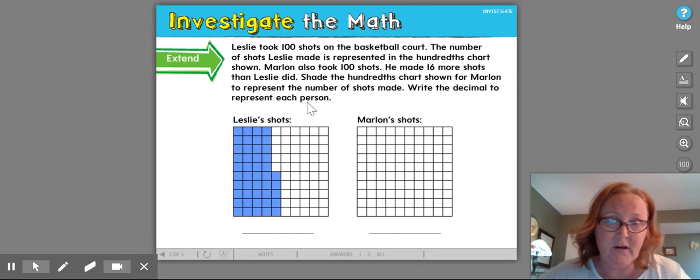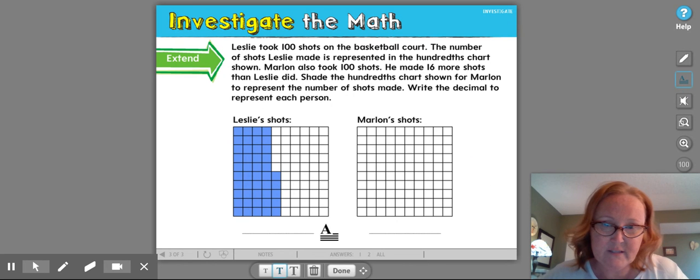Okay, so let's start here. So here's Leslie's shots. We have to write her decimal first. So she has 10, 20, 30, 40, 1, 2, 3, 4, 5. So she has 45 out of 100. She made 45 hundredths. So she made 45 out of 100 shots. I'm going to slide her box down a little.